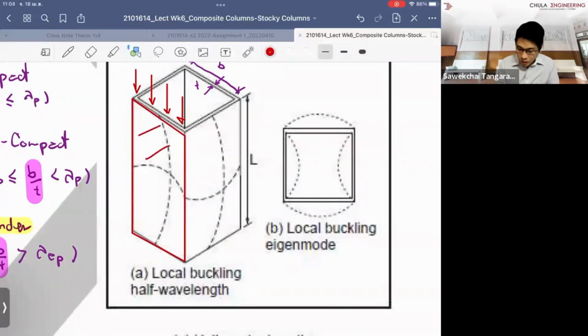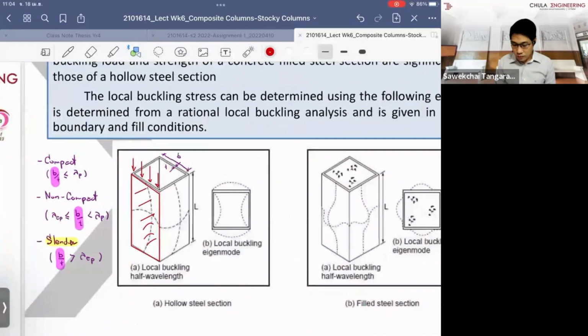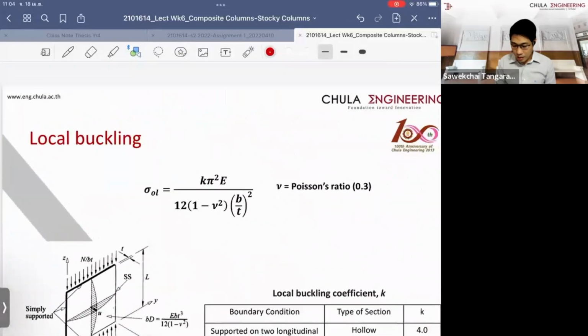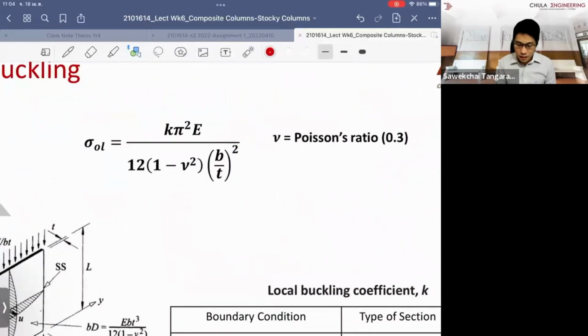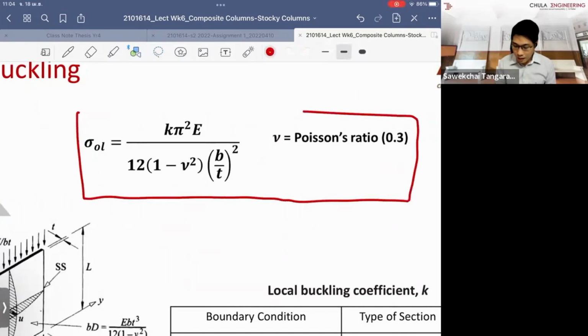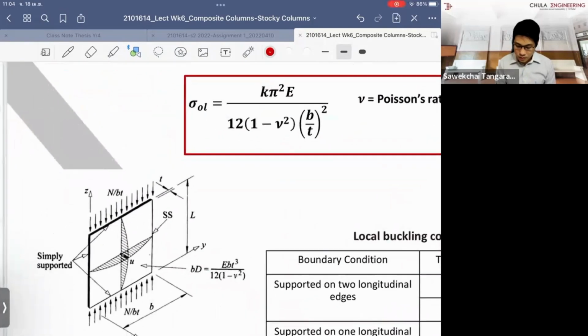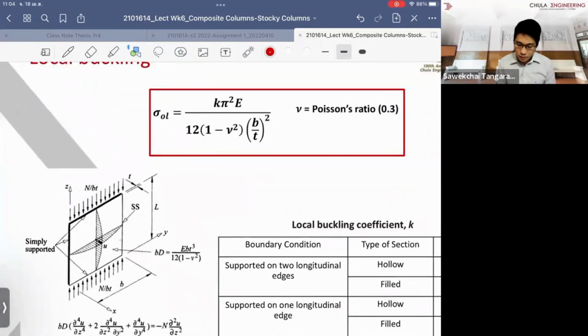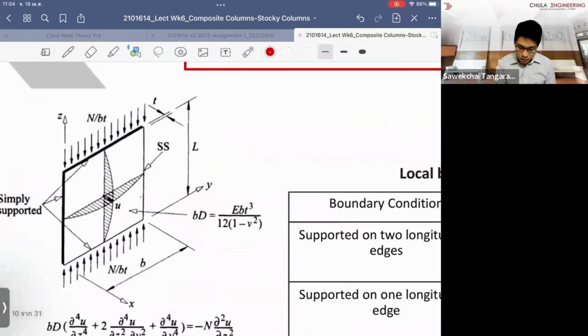It's just like you apply uniform compression to the thin plate, and they check for the buckling of the thin plate here. They're saying that, okay, the maximum capacity is governed by the buckling of this thin plate, which I just take out.